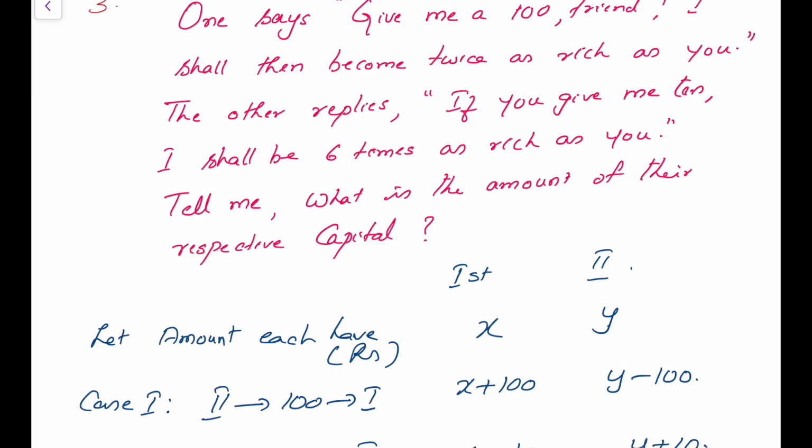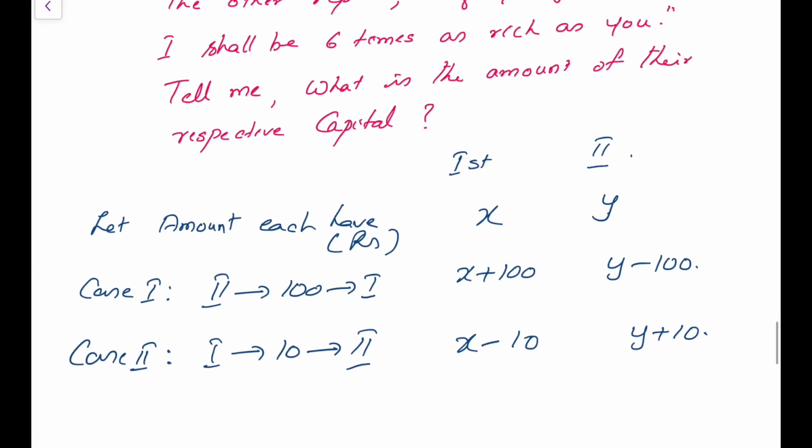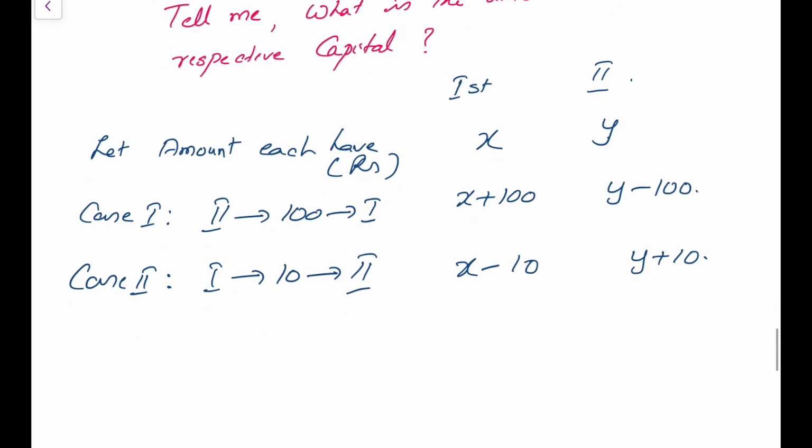Now we will frame the equation. So the first says, give me rupees 100, I shall then become twice as rich as you. So twice as rich as you means the first person is X plus 100 equal to, I shall become, twice as rich as you.